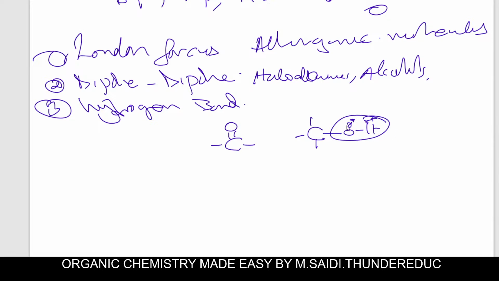This is for hydrogen bond, and this is for dipole. Hydrogen bonds look like dipole, but because it is between oxygen and hydrogen, it is designated as hydrogen bond.